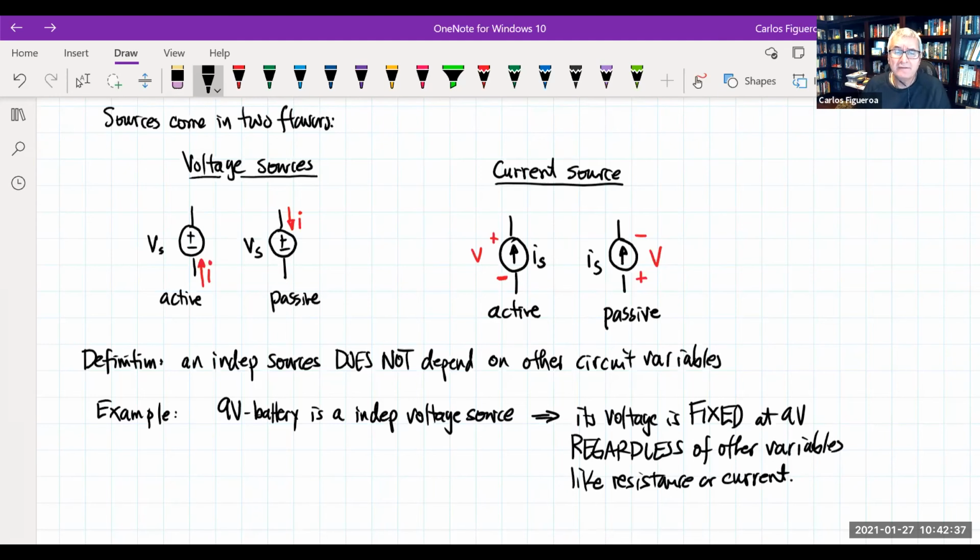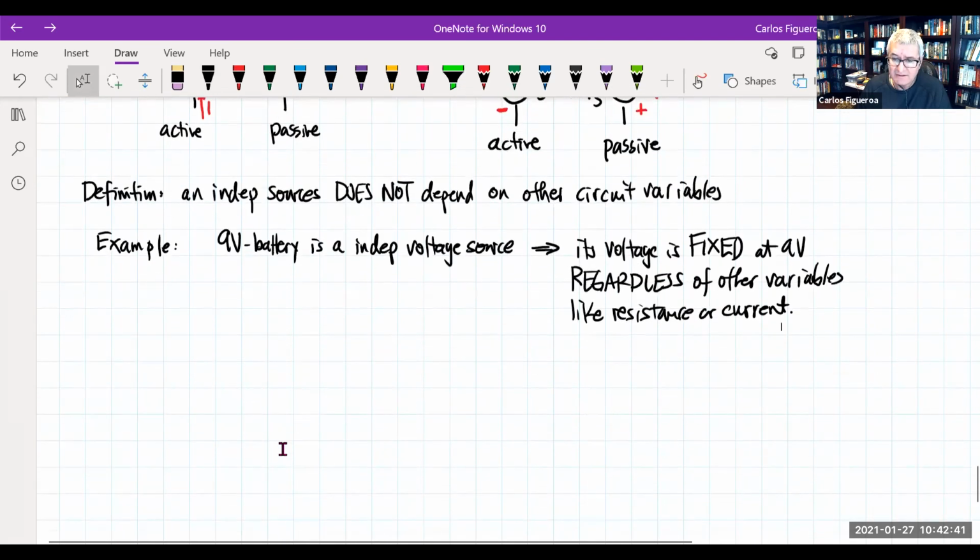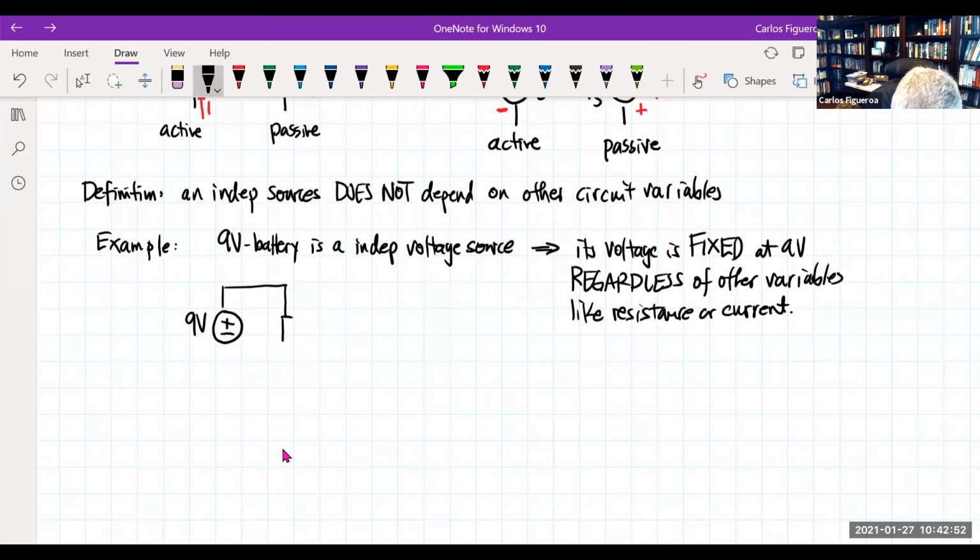What do I mean by this? What I mean is that if I look at this thing, you could imagine that I have 9 volts. And imagine that I come in here and I put a load on this circuit right here. Right? So this is my load here.